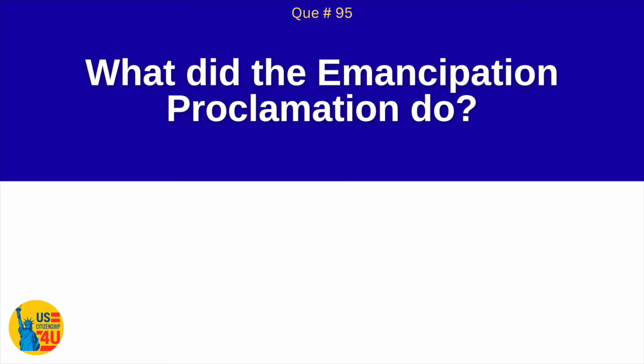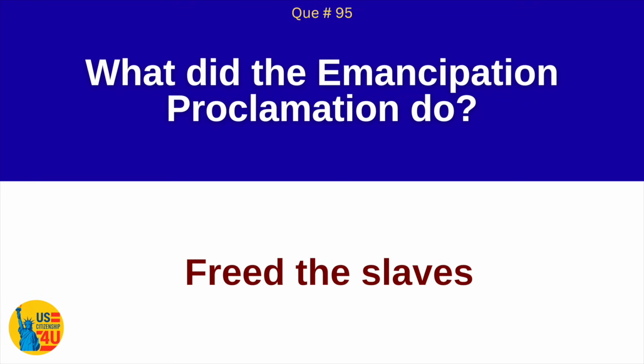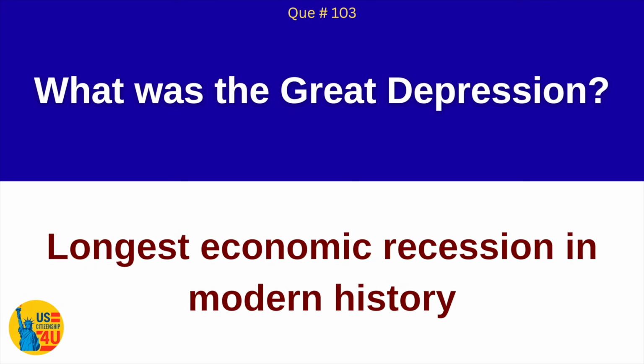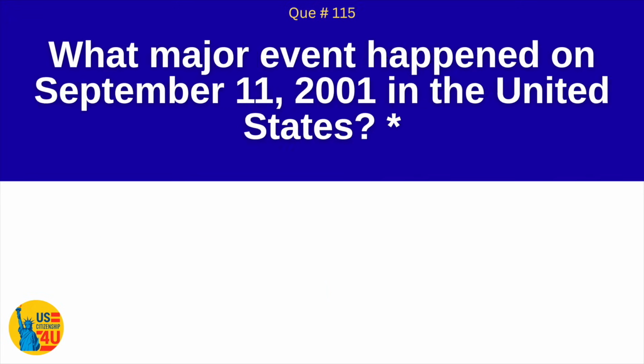What did the Emancipation Proclamation do? Freed the slaves. What was the Great Depression? Longest economic recession in modern history. What major event happened on September 11, 2001, in the United States?